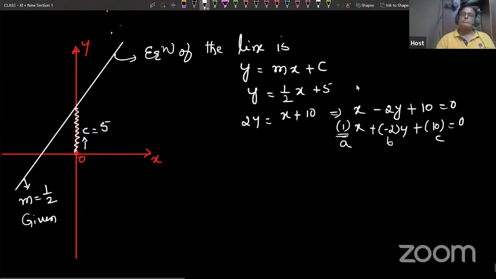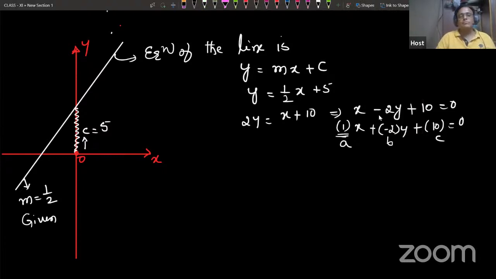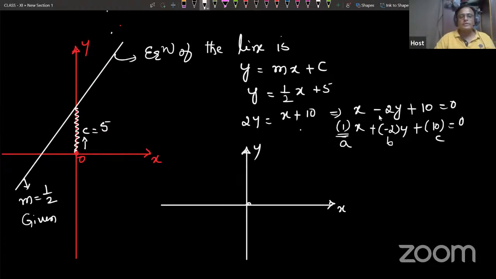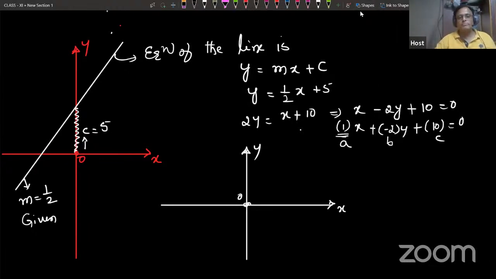Now I'll give one more example, so that we'll have a correct idea of this slide. So here again, x-axis and y-axis, and this is the origin. There is a line. This much, if you remember, it will be very helpful.